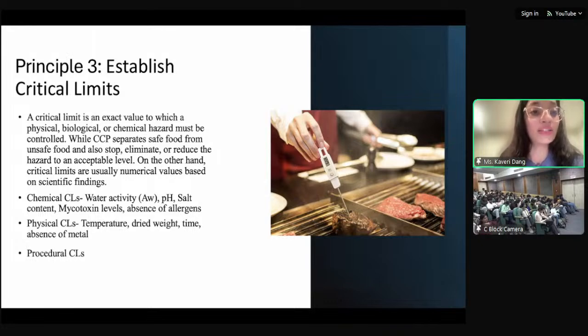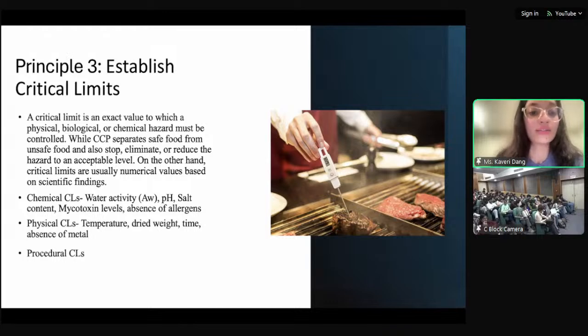Critical limits can also be of multiple types. The first one is chemical critical limits, in which you can have critical limits for water activity, pH, salt content, mycotoxin levels, and absence of allergens. These are all quantifiable values in which we can establish our limits.